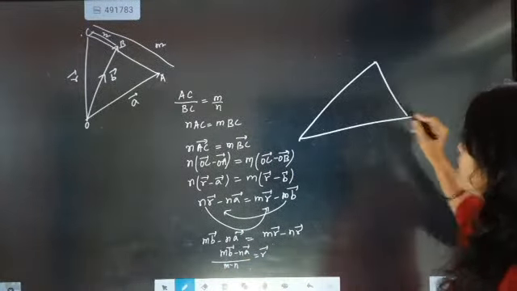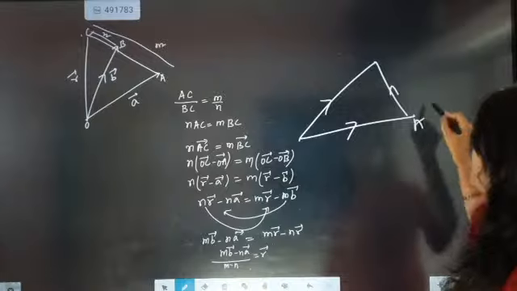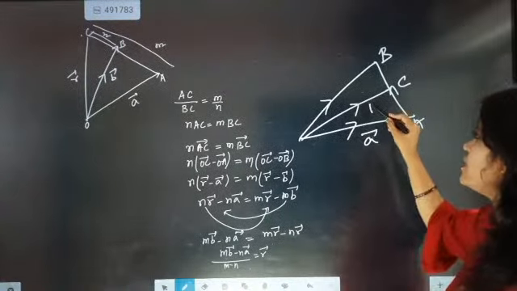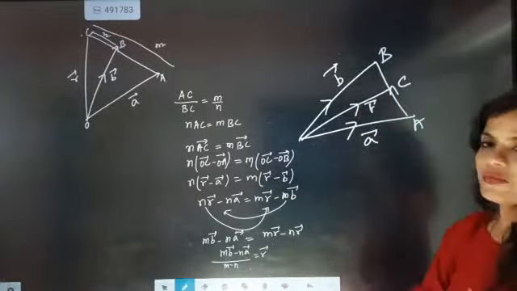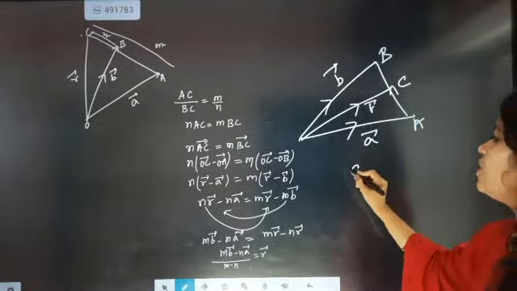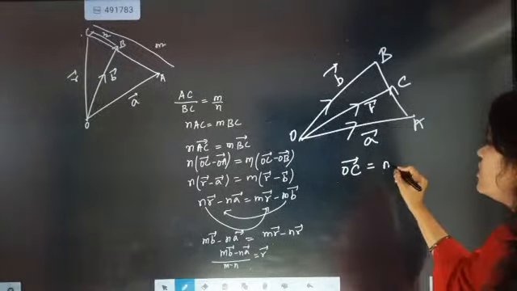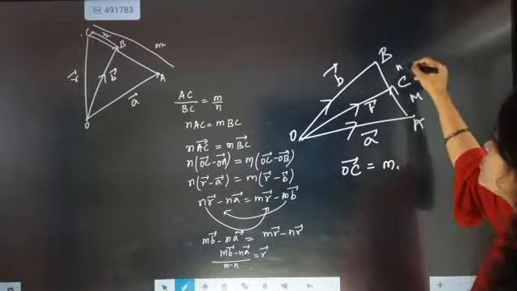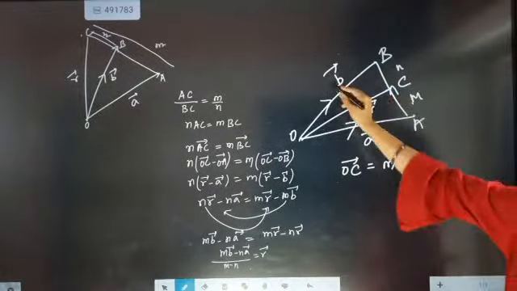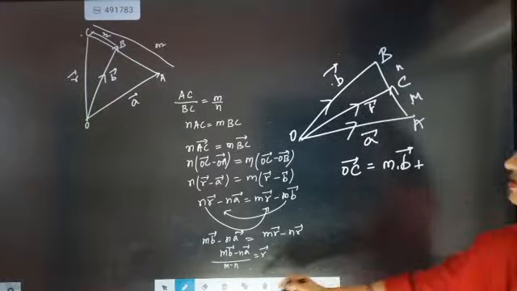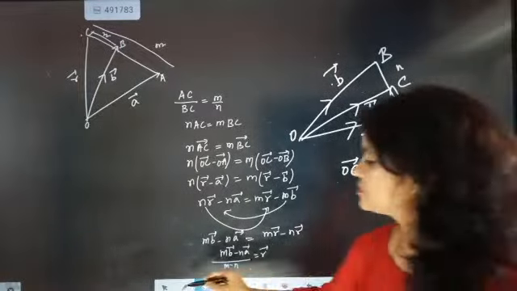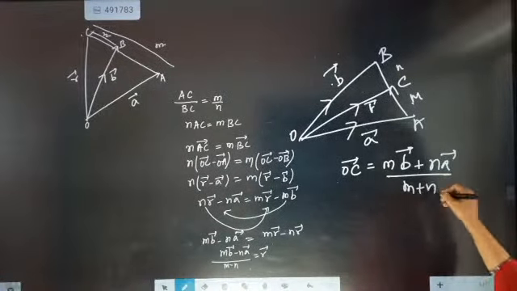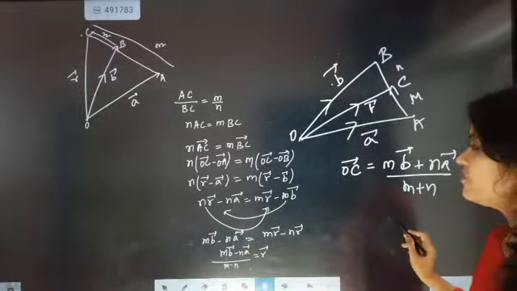When AB vector is there and C is internally cutting, with A vector, this coming as R vector, and this coming as B vector, then we write OC vector equal to (M·B vector plus N·A vector) by (M plus N), because the ratio is M:N. So this is the internal section formula.